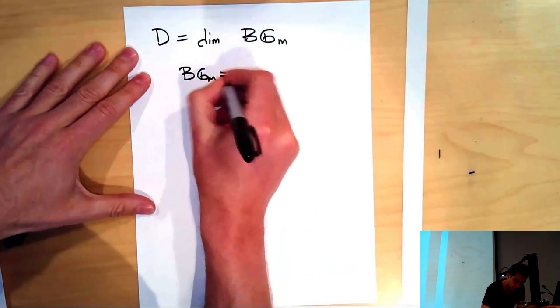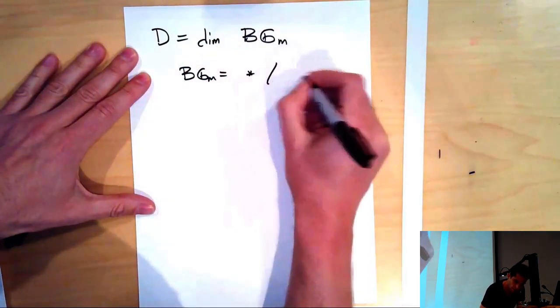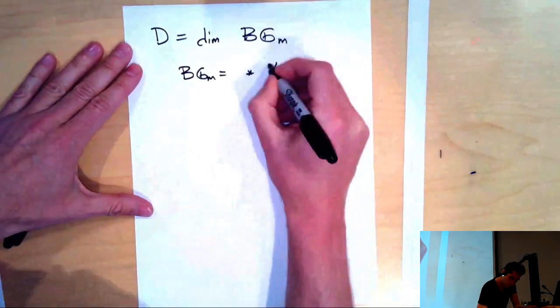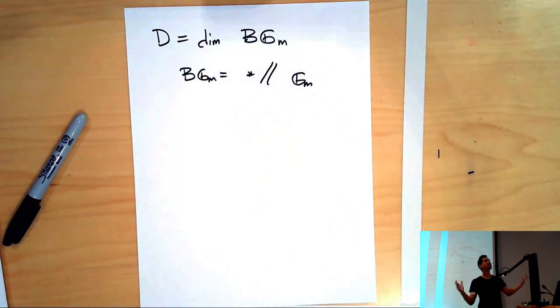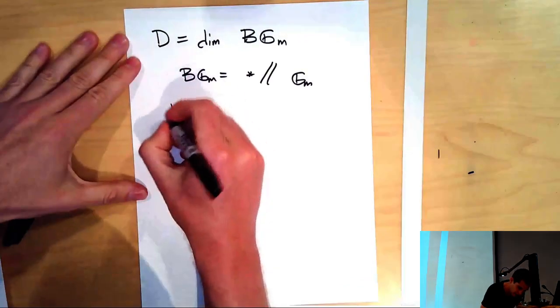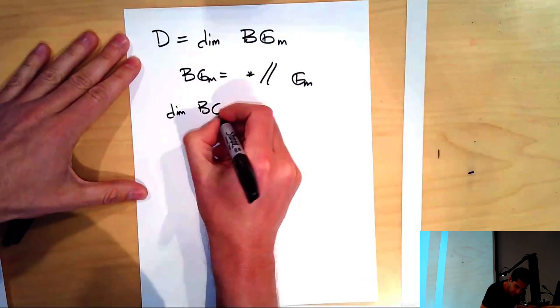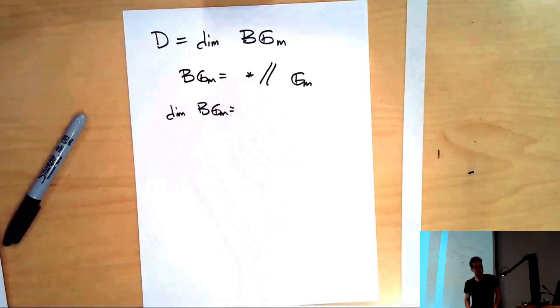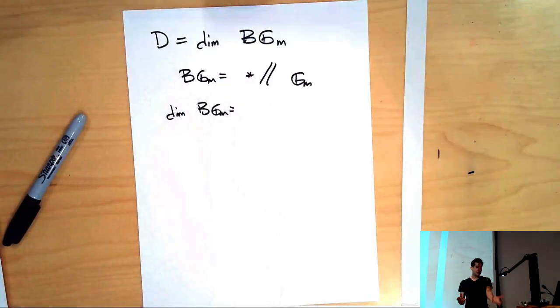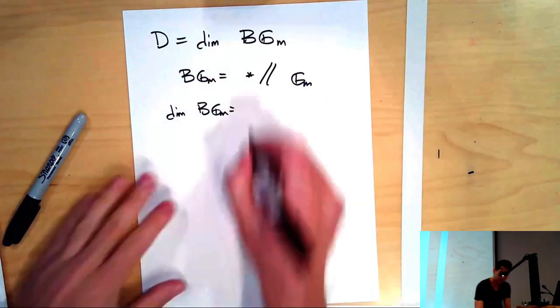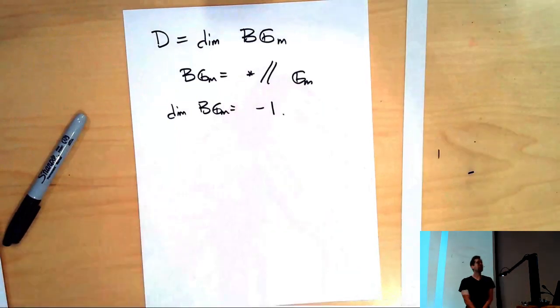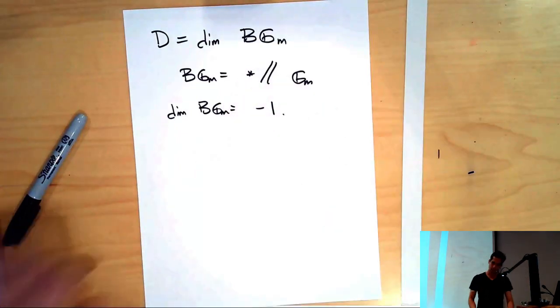So BGm is the quotient of a point by the action of Gm, or some people sometimes write this with a double slash to mean that they're taking the quotient in the world of algebraic stacks and not in the world of algebraic varieties. And so the dimension of BGm in this case is the dimension of the variety that's being acted on, which is just a point, so it would be 0, minus the dimension of the group that's acting, which in this case would be minus 1.